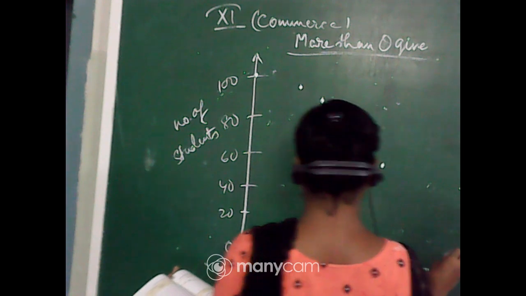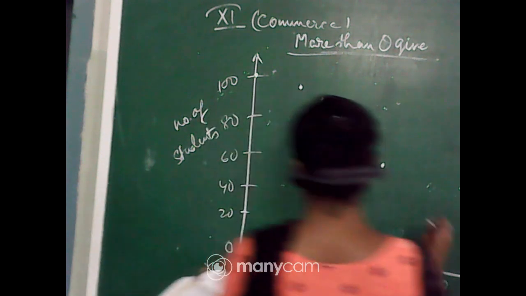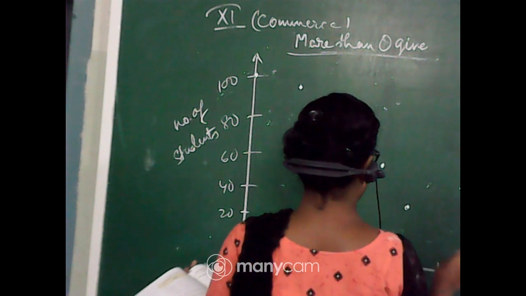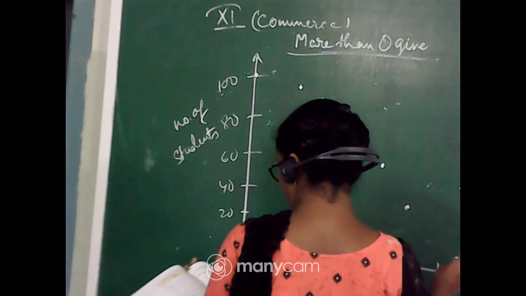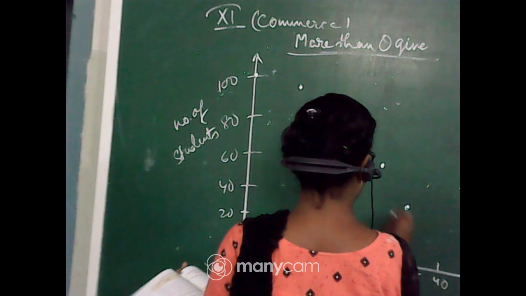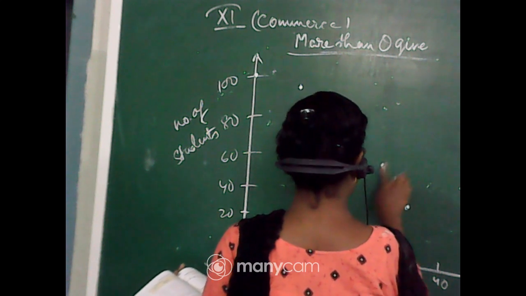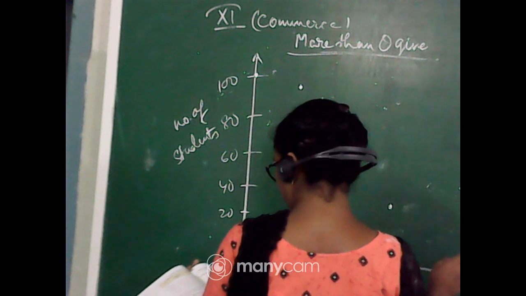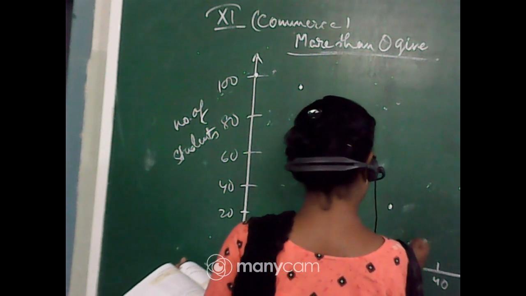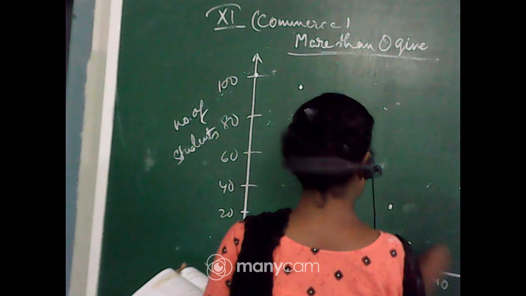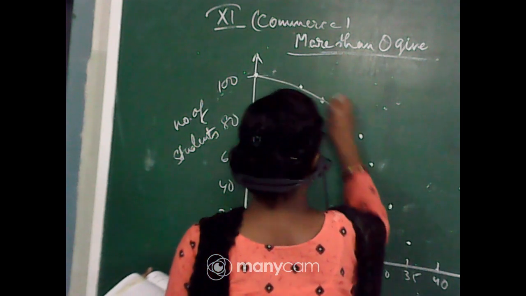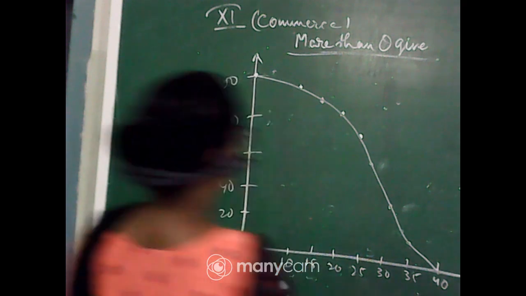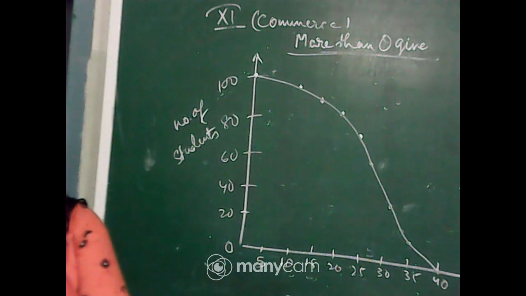More than 30, 23. More than 35 is 5 and this one is 0. So now we join this by the freehand like this. So this one like this.